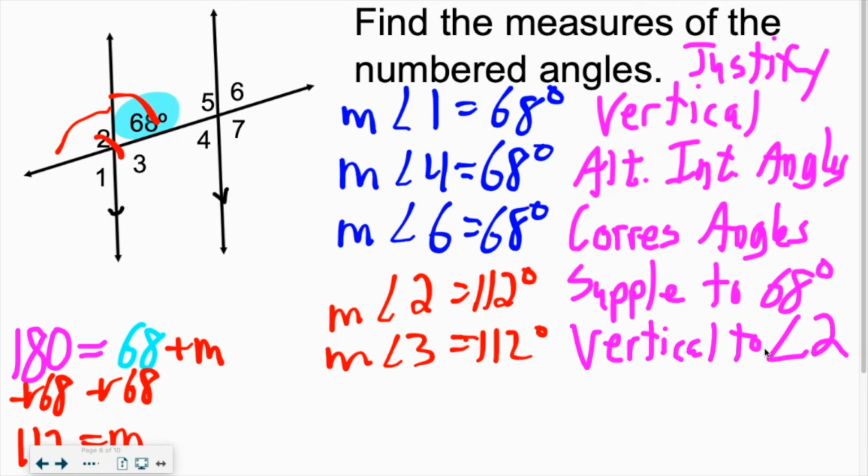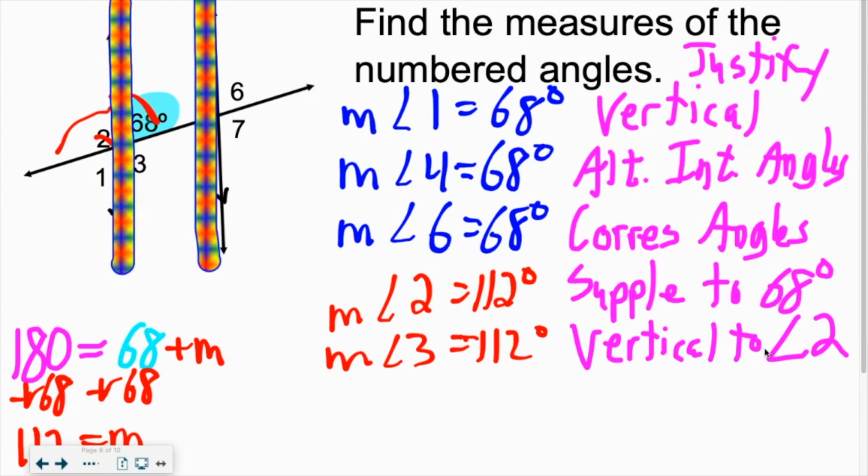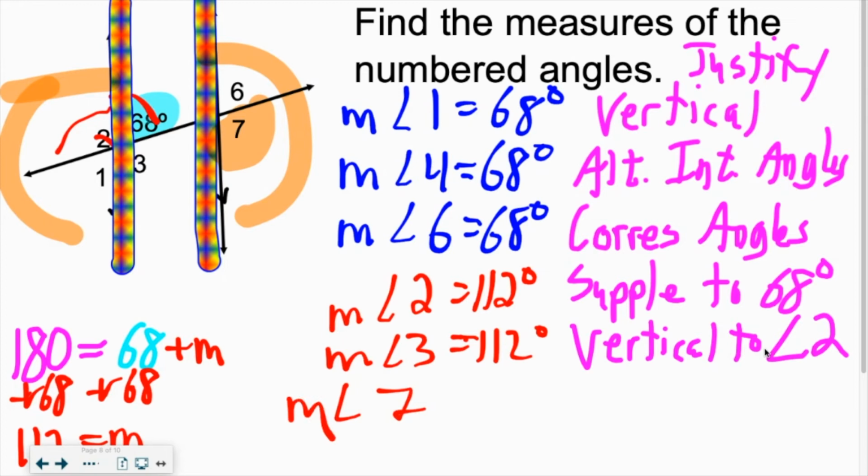Sticking with that angle 2, noticing up here that it is on the outside. When we look at our two parallel lines, angle 2 is on the outside. So if it's on the outside on the top, over here, I'm going to go on the outside on the alternate or opposite side. So that means the measure of angle 7 is also 112 degrees.